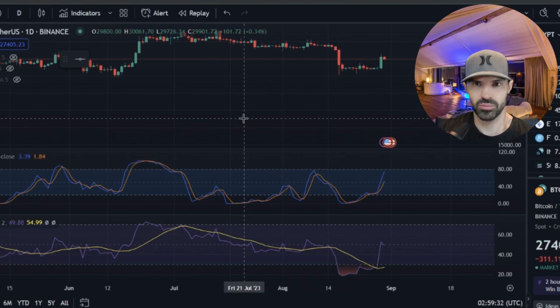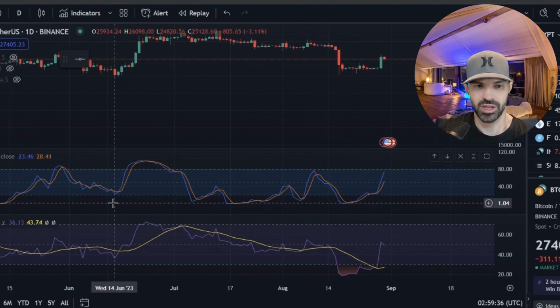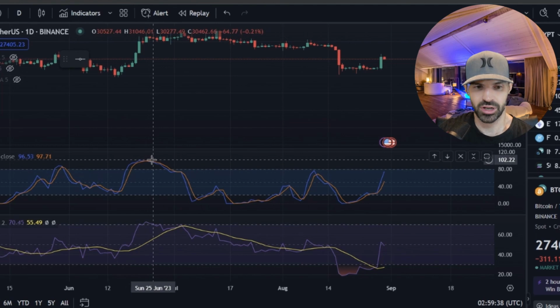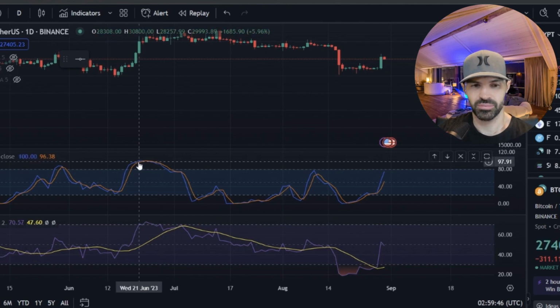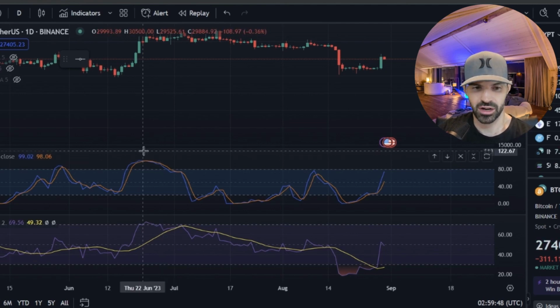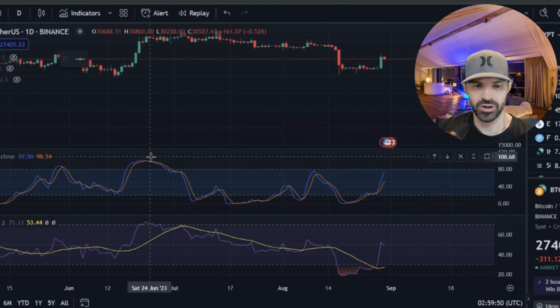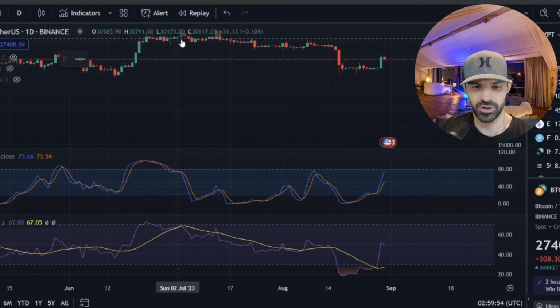If you want to buy a stock or a crypto and the RSI is at overbought levels, it's telling you that it would not be a good idea to buy at these levels, because the chances are that eventually the stock or the crypto will revert and start trending downwards, and therefore the price will probably follow.